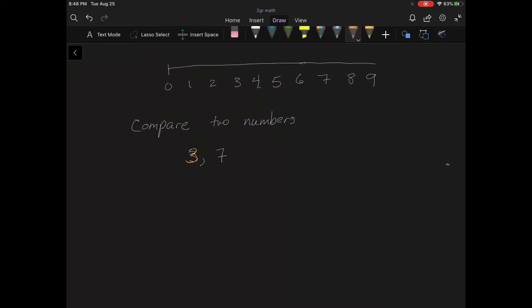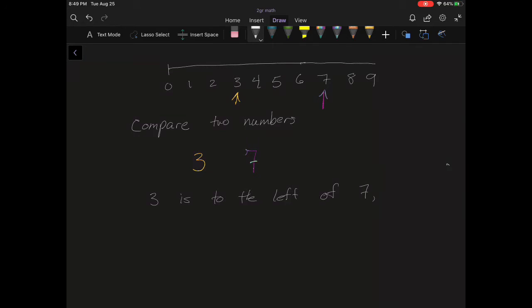We'll color 3 gold, and we'll color 7 this cosmic color. Okay, so if we were to compare these, we look at where 3 is. So 3 is right here, and 7 is over here. Now 3 is to the left of 7. So 3 is to the left of 7.